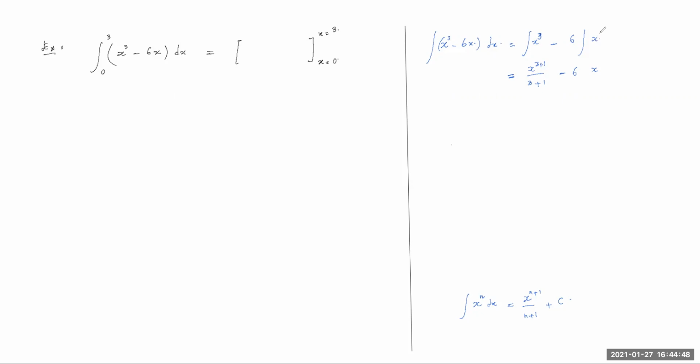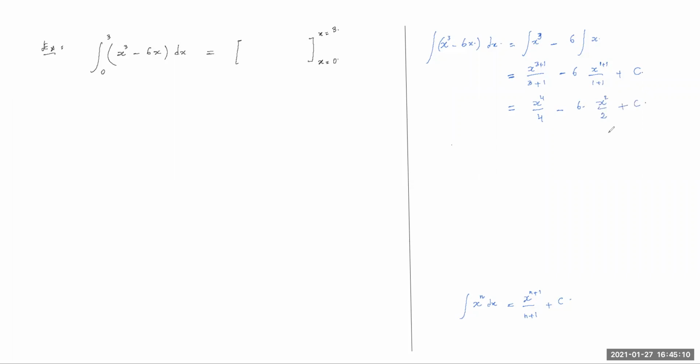What is the power here? 1 plus 1, over 1 plus 1. Do it slowly until it becomes a habit. Now you can simplify: x to the 4 over 4 minus 6 x squared over 2, plus a constant.